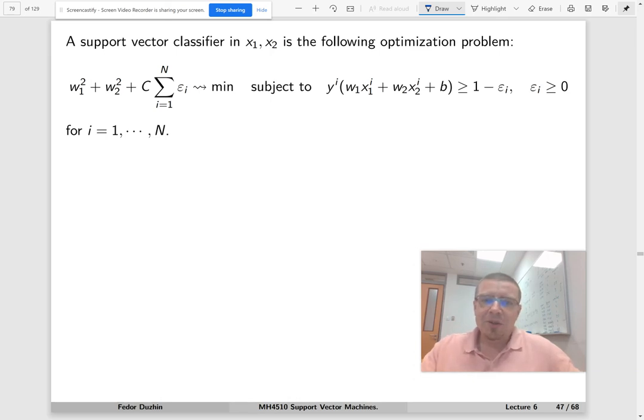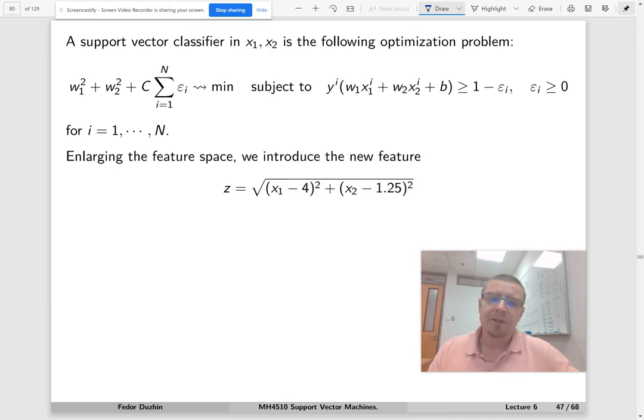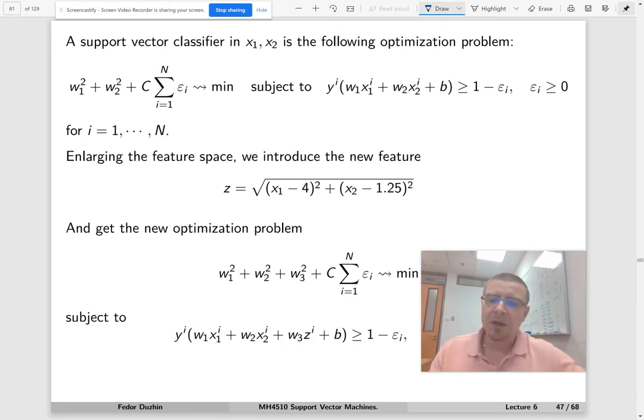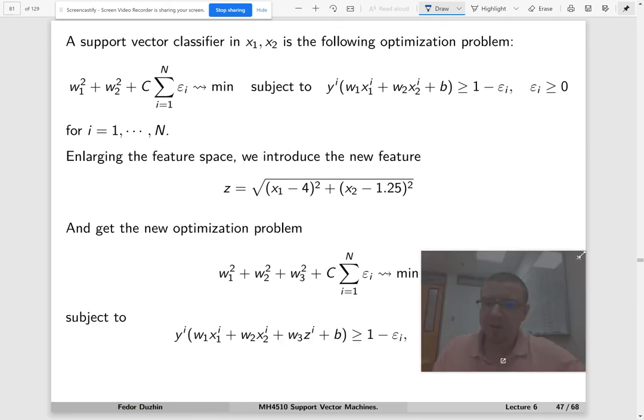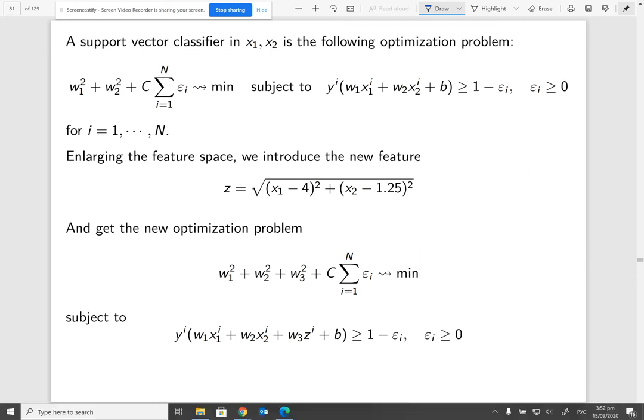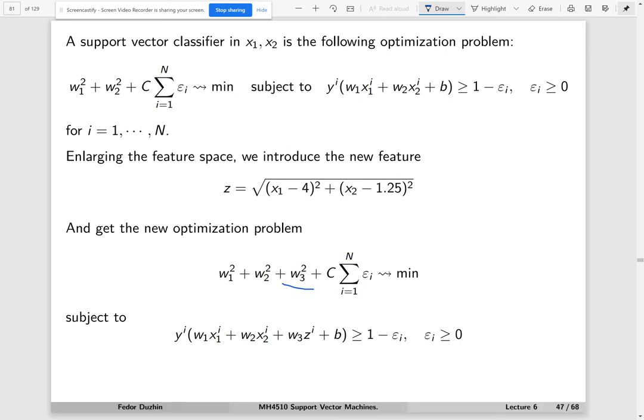Now we are going to train another classifier with 3 variables. Enlarging the feature space, we introduced this new feature, Z, and we get this new optimization problem, which is the same as the original one, only we included this extra term for W and this extra term in the constraint.